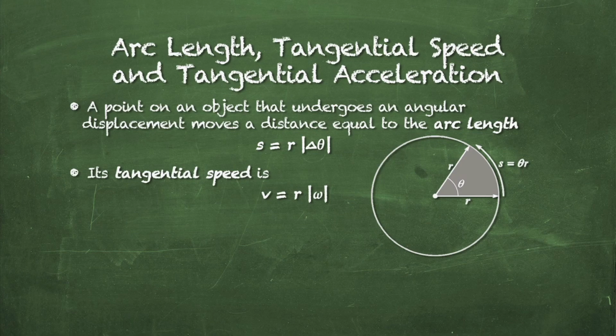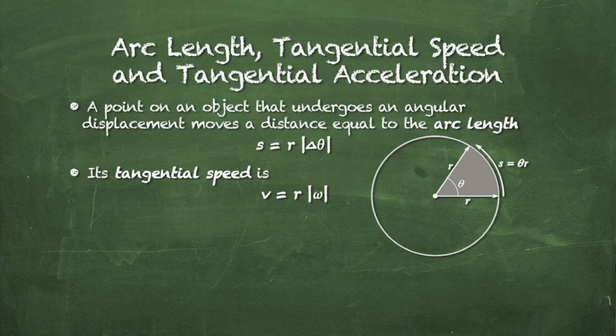If you remember arc length is radius times angle, then all you have to do is substitute in the speed and the angular speed for distance and angle. So the equation for tangential speed is that the tangential velocity is equal to the radius times the angular velocity.